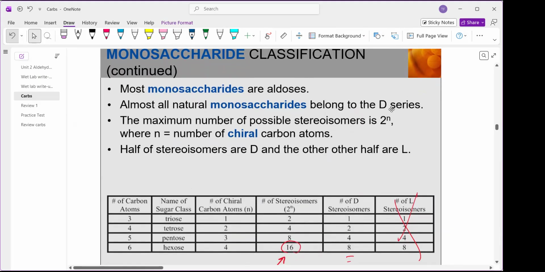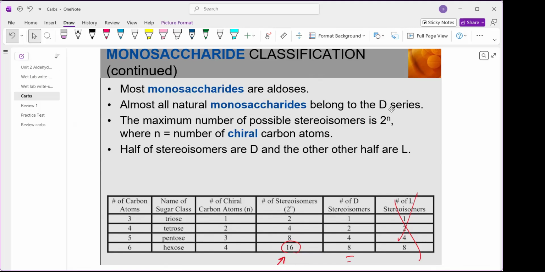Okay, most monosaccharides are aldoses. So they're going to form acetals and hemiacetals because there's an aldehyde in there.